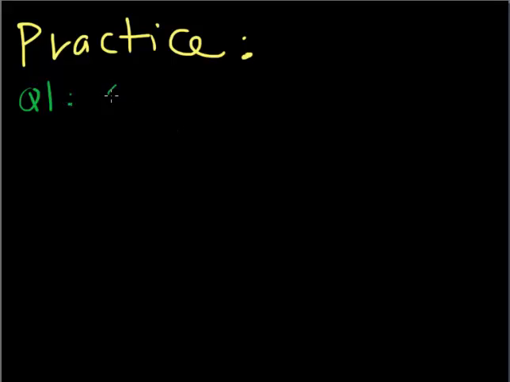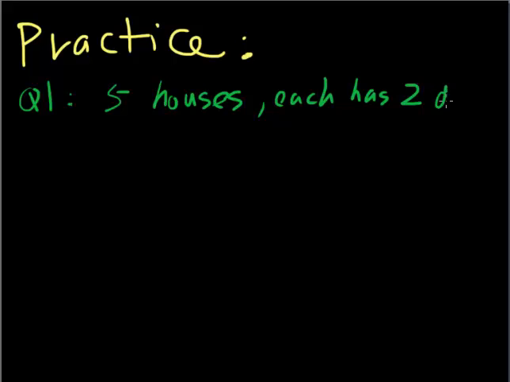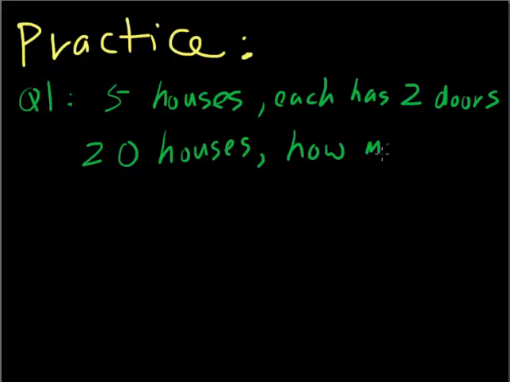All right, 5 houses, and each has 2 doors, and there are 20 houses. How many doors? Okay, easy, right?